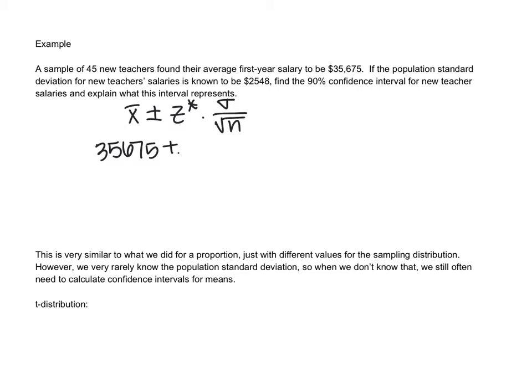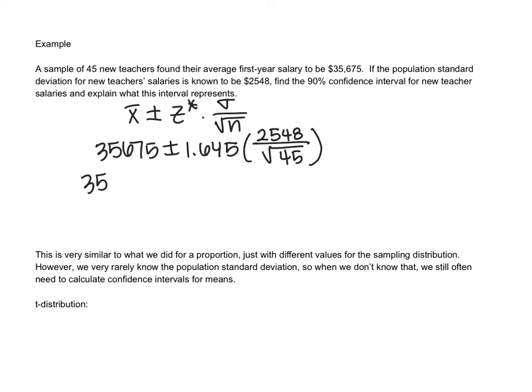So the x bar is going to be 35,675 plus or minus. We want to use our table to find the critical value for 90% confidence, which is 1.645. And then times the population standard deviation, 2548, divided by the square root of n, which is 45.